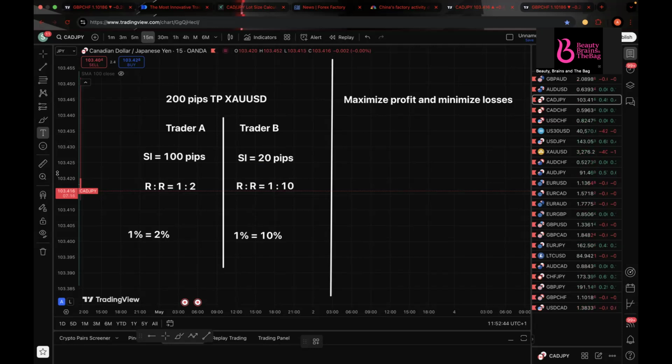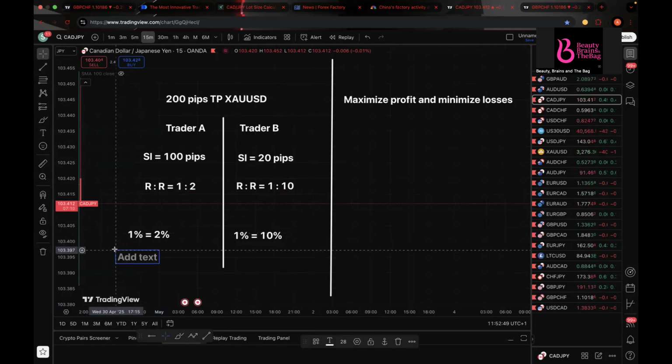You get 10%. You see the difference now. So in a situation whereby this person loses three trades in a row, this person has lost 3%. When you add spread and everything, it will be like 4%. Or let's just put 3%.